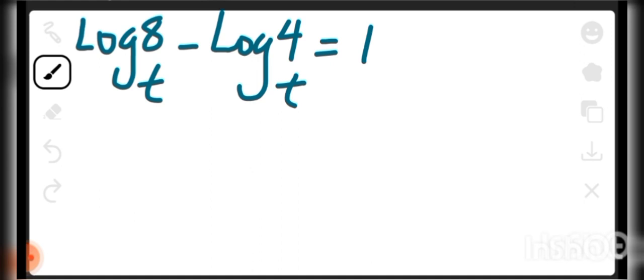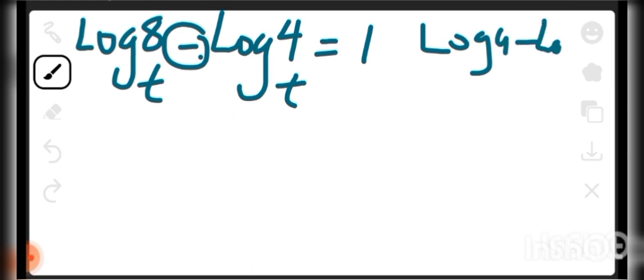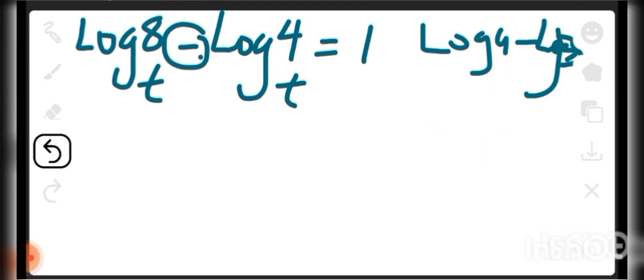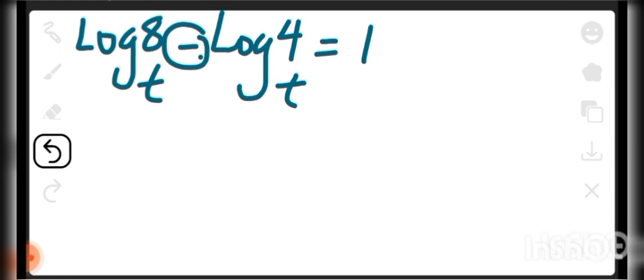Applying the rules of indices, log a minus log b to base x, if the bases are the same, will be log a over b to base x. Just apply it now.